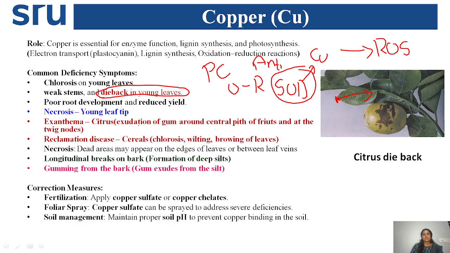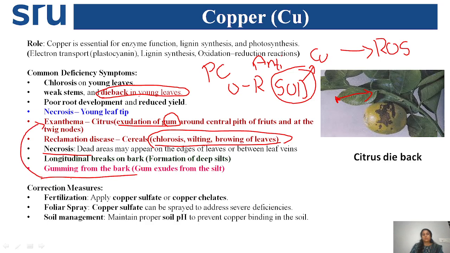Exanthema disease is specific to copper: exudation of gums around the central pith of the fruits and on the twigs or nodes is because of copper. Another is chlorosis, wilting and browning of the leaves, which is also common for most nutrients, and necrotic spots. The gumming of the bark and exanthema are the same, and this is because of copper.